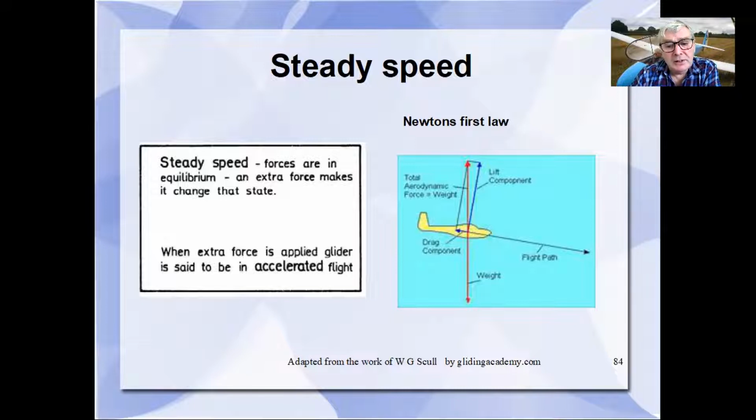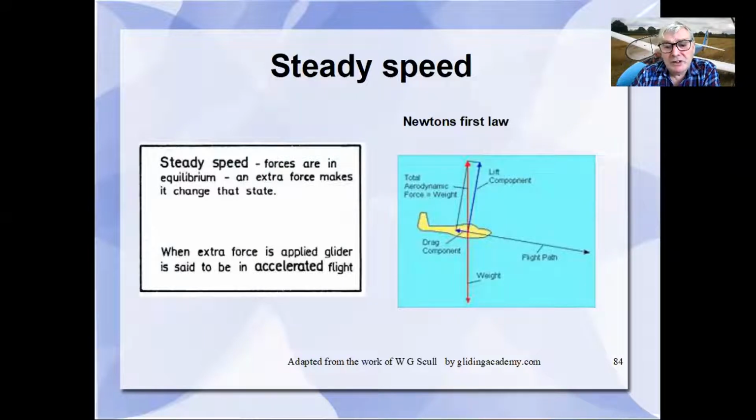One is called lift and the other drag, and lift is acting at 90 degrees to the flight path and drag is acting parallel with the flight path. When all of these forces are in equilibrium, the glider will be flying at a steady speed.